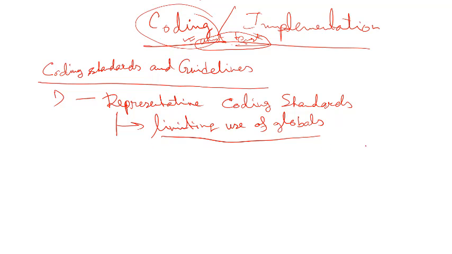When you use global variables, many functions may access and change them, and if by chance a global variable has to be changed, it is a big problem to find the actual function which changes it. That's why you should limit the use of global variables.